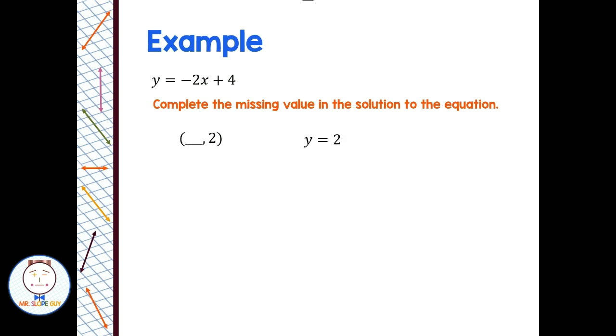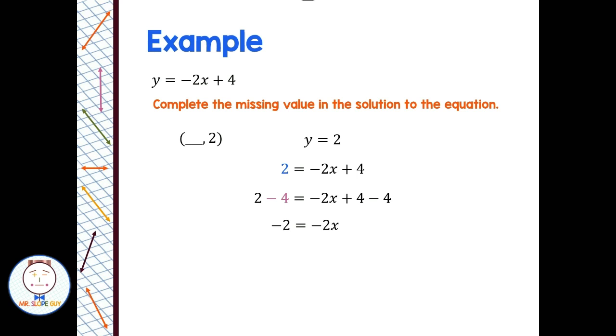So y is 2. I take my same equation, and this time I replace the y with 2, and I need to solve for x. I need to isolate x on one side by itself. So first, to get negative 2x by itself, I'm going to subtract 4 from each side. That will get the negative 2x term on the right side by itself, and on the left side, 2 minus 4 is negative 2.